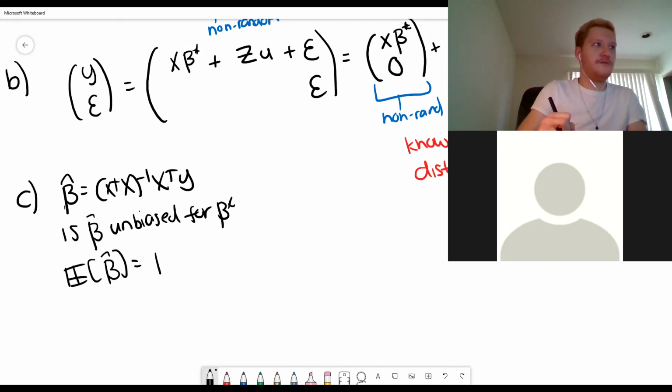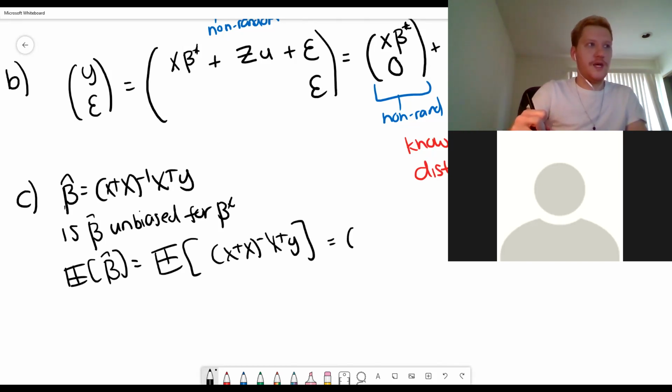So what they want you to do is just find the expected value of beta hat, which is the expected value of x transpose x inverse, x transpose y. That is x transpose x inverse, x transpose, and then the expected value of y, because y is the only random thing here.